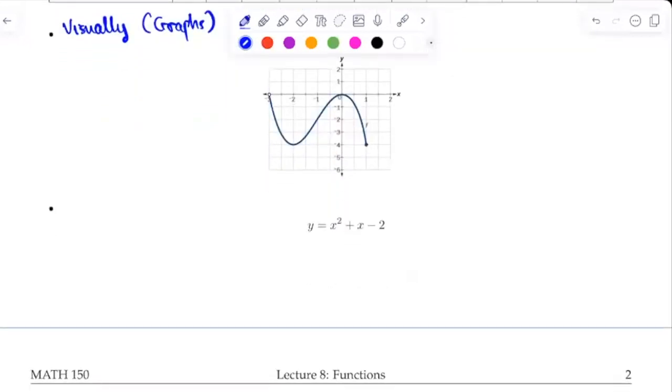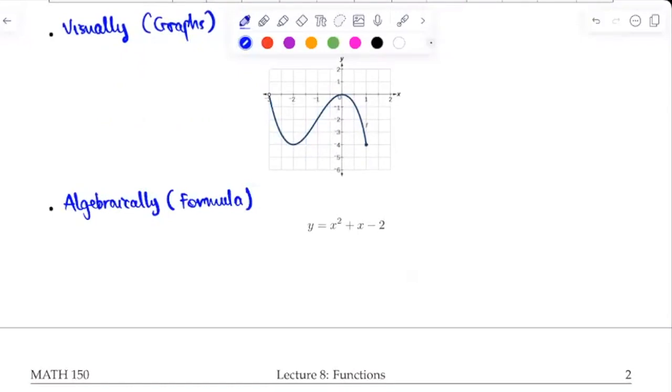And the last way is algebraically. That is, you have a formula. So for example, you have y equal to x squared plus x minus 2. Eventually, you're going to learn this particular formula is a quadratic function.